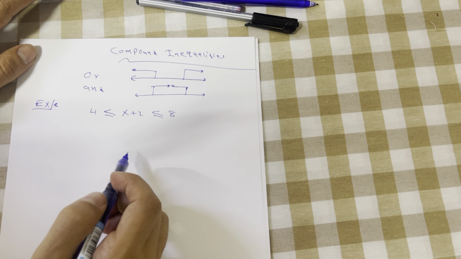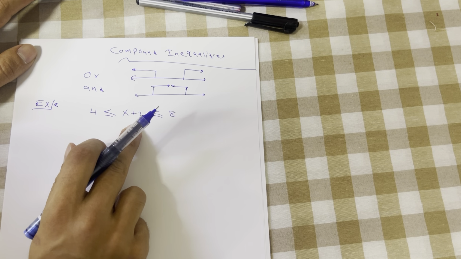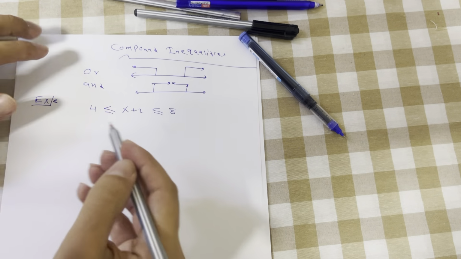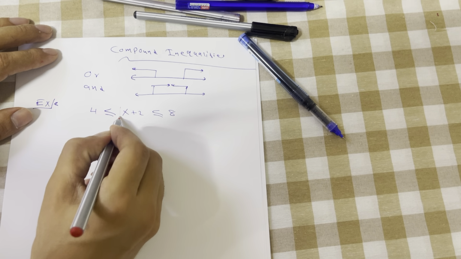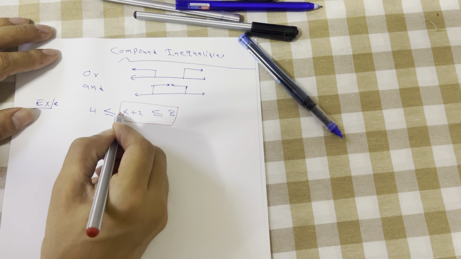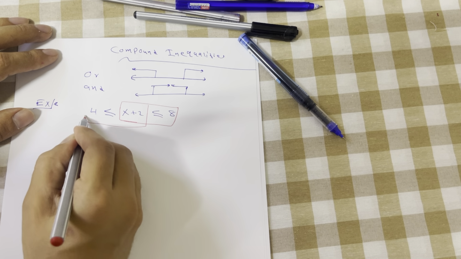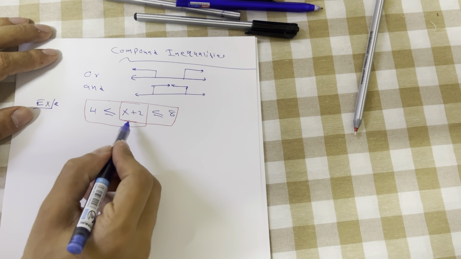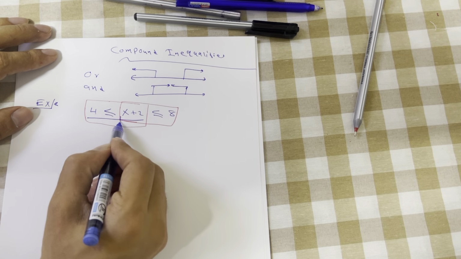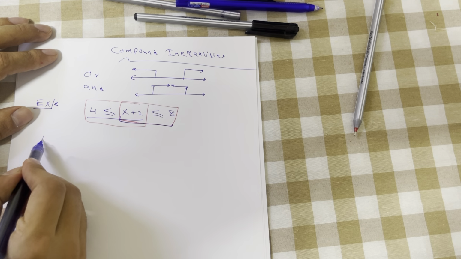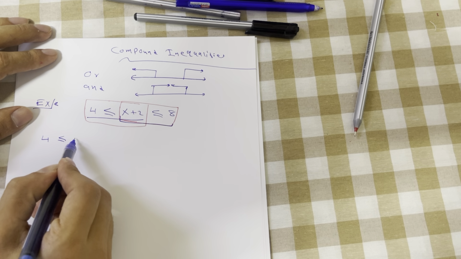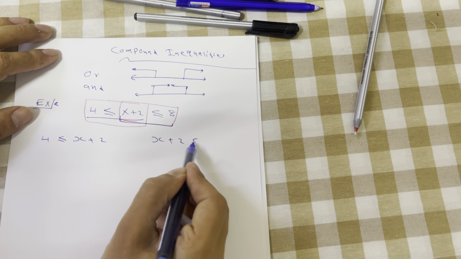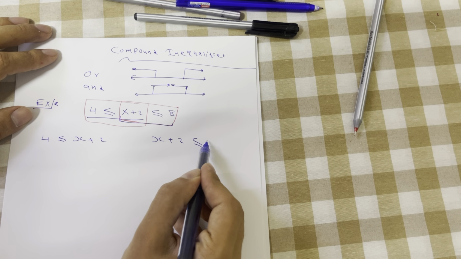Be careful, if it is "or", I write "or". So how do we solve this? This is two parts, one time you can write this and another time like this. I make it into two parts: 4 is less than or equal to x plus 2, and x plus 2 is less than 8.